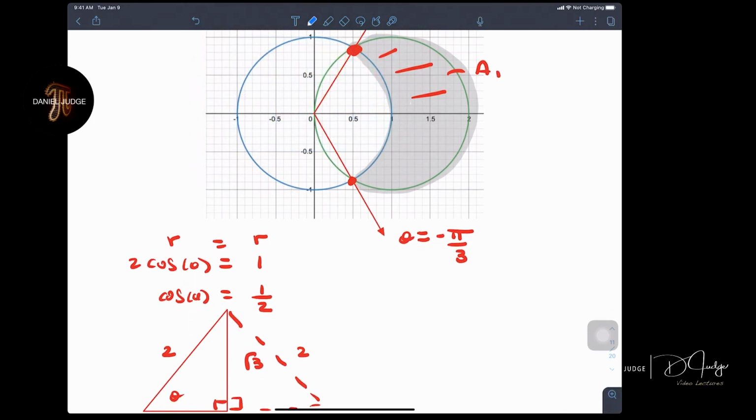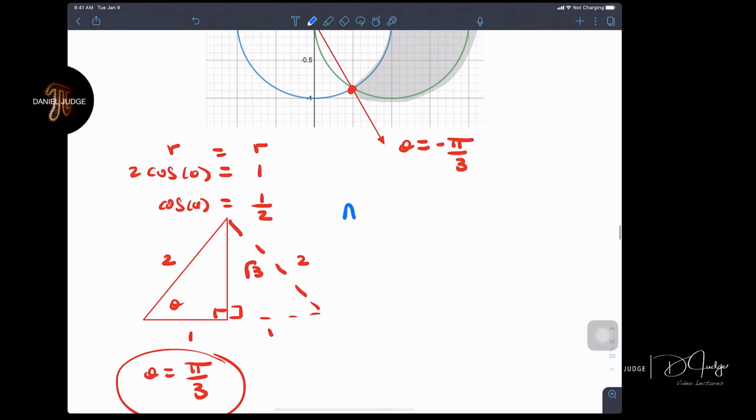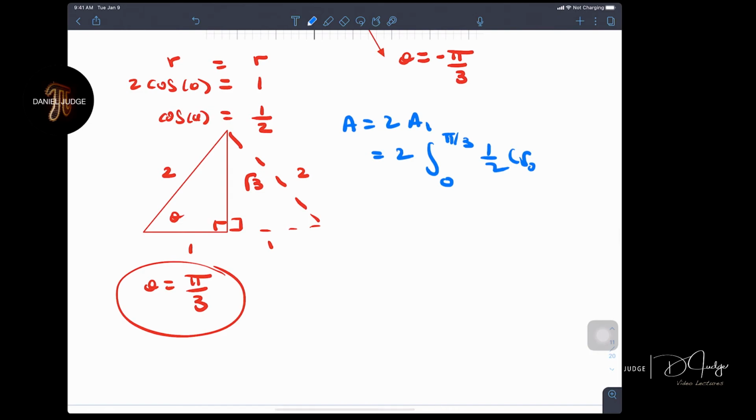So the area will be 2A1, where A1 is the integral from 0 to pi over 3, 1/2 r outside squared minus r inside squared d theta here.